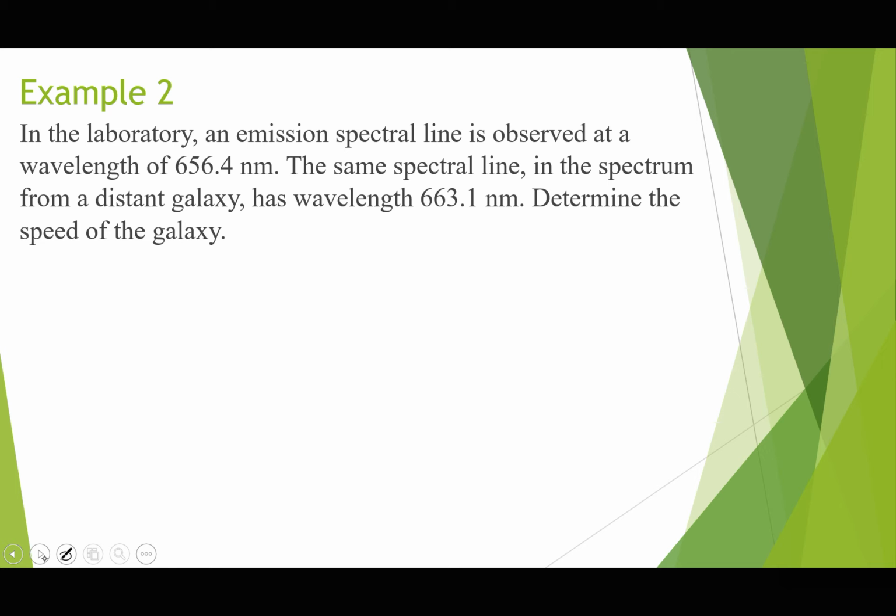In the laboratory, an emission spectral line is observed at a wavelength of 656.4 nanometers. The same spectral line in the spectrum from a distant galaxy has a wavelength of 663.1 nanometers. Determine the speed of the galaxy.